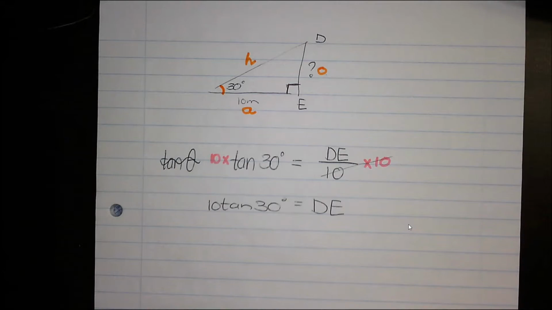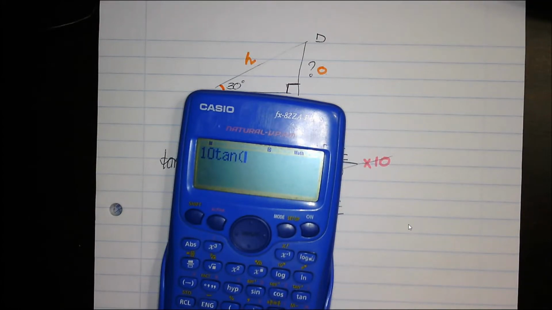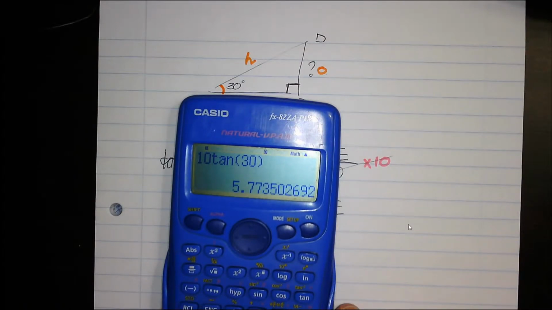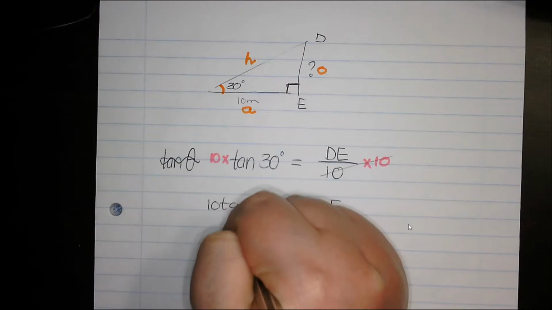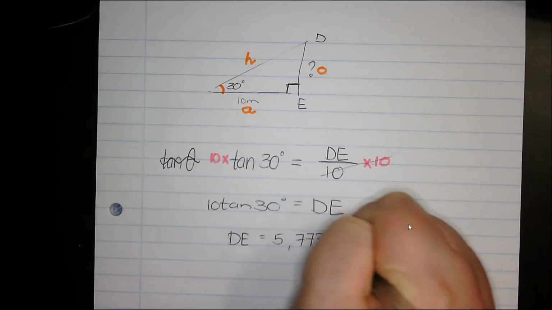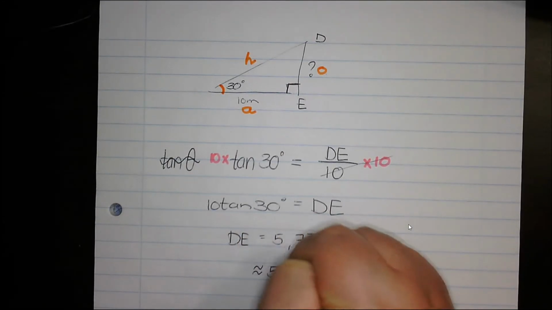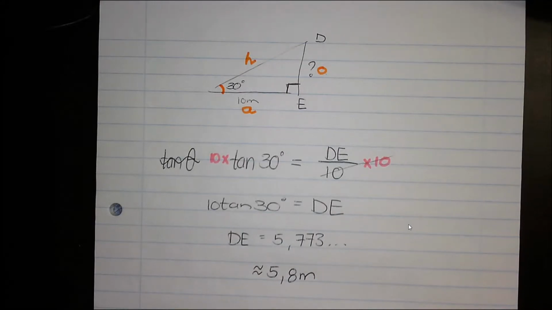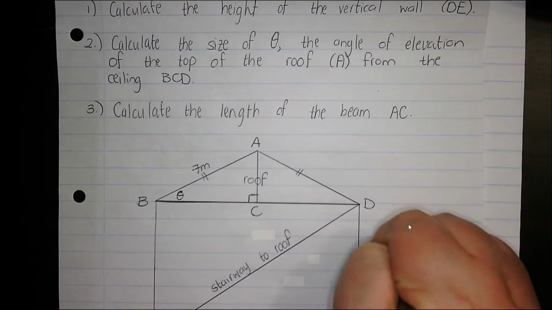We didn't read this part, but the question does say round off to 1 decimal place. So let's say tan 30 times 10, and that's going to give us 5,8. So DE is 5,773, blah, blah, blah. Rounded off to 1 decimal place is 5,8 meters. So let's fill that into our sketch, 5,8 meters.